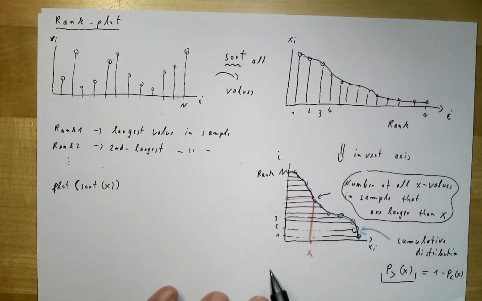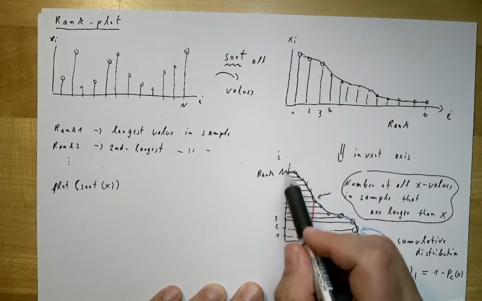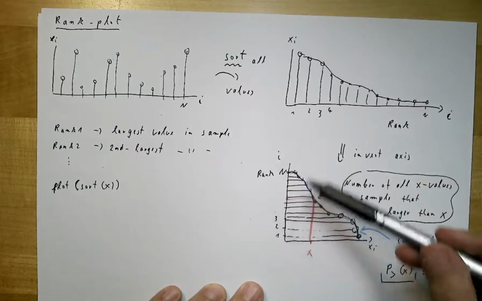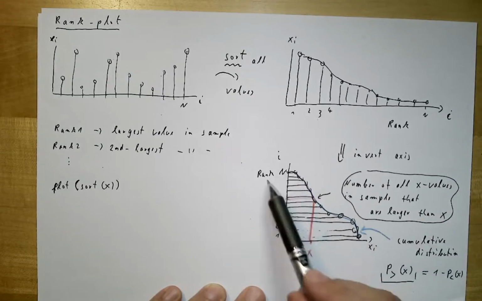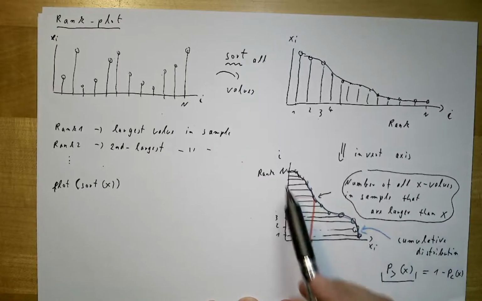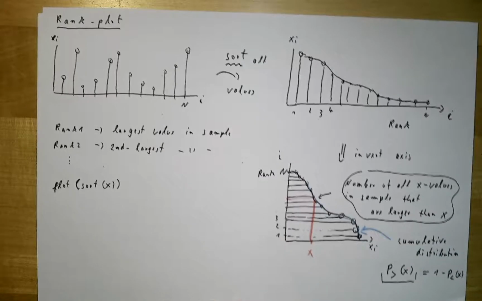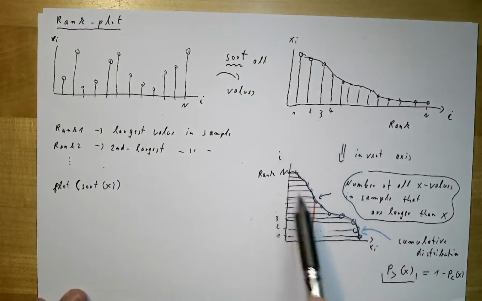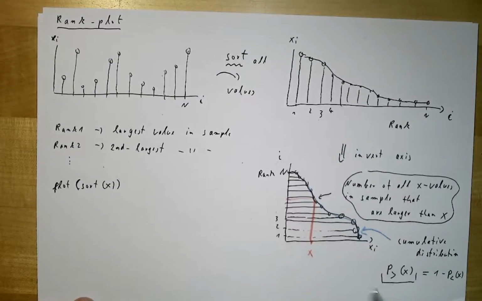But of course we have to take care with the normalization, because the cumulative distribution is normalized between 0 and 1. So you have to normalize this value by n, because you want this not to be the number of all x values, but the fraction of all x values larger than x. So you have to normalize this by 1 over n. So you see, with the rank plot, we can construct the cumulative distribution.